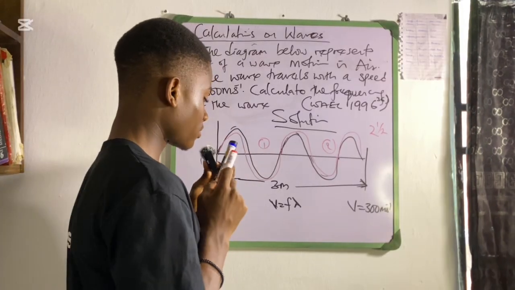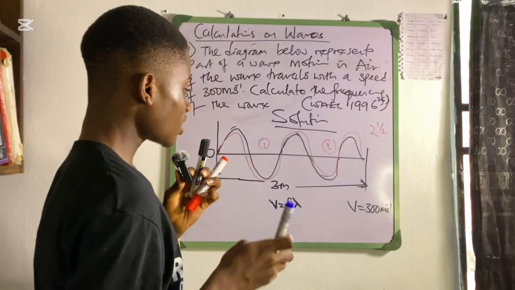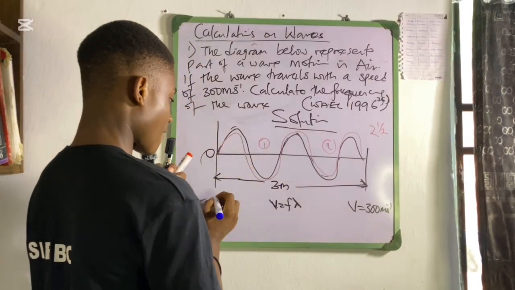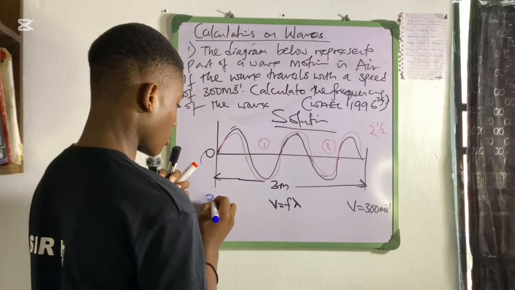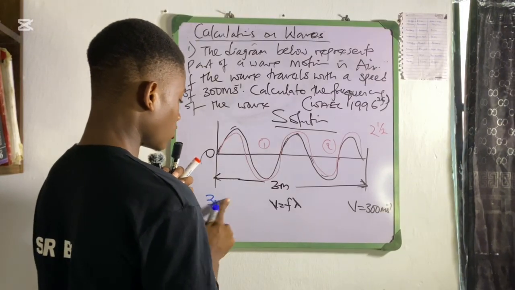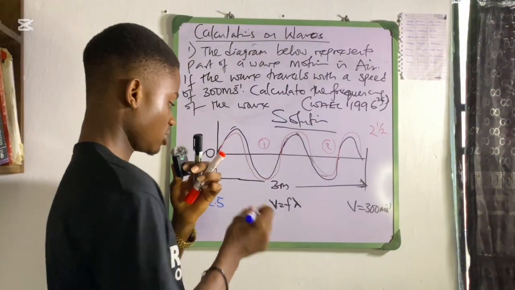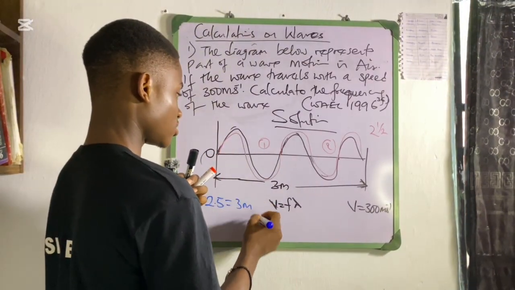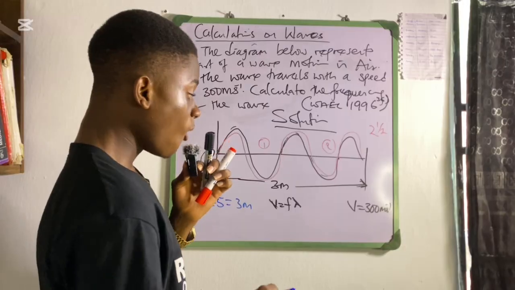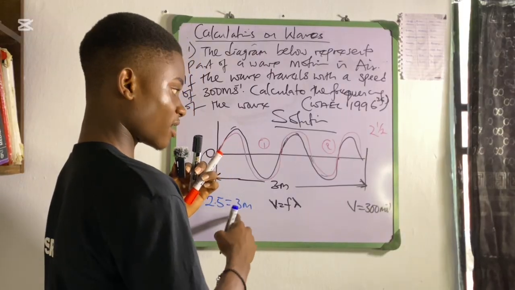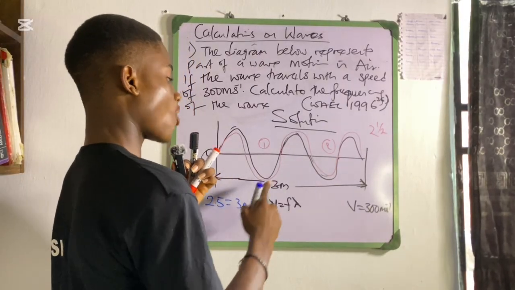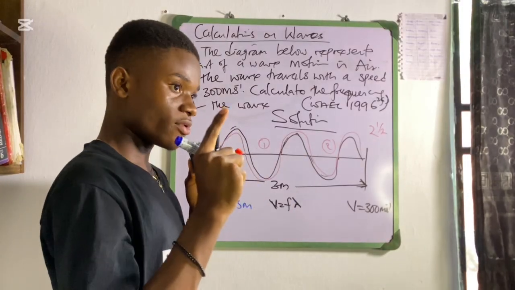We can do a proportion here, and we can say if 2.5 number of waves is equal to 3 meters, what will now be the length of one wavelength?